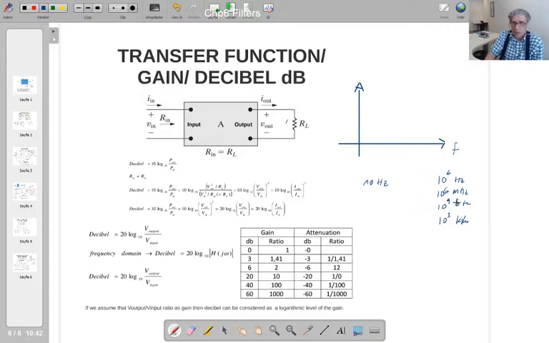So if you would like to draw a function of frequency and show it here, it's not easy to show 10 hertz and gigahertz on here. So what we do, we write log f here. When it is log f, that is 1, that is 2, that's 3, that's 4. So this 1 is 10 to the power 0, so that's 10 to the 0. That is 1000, and that is 10,000.